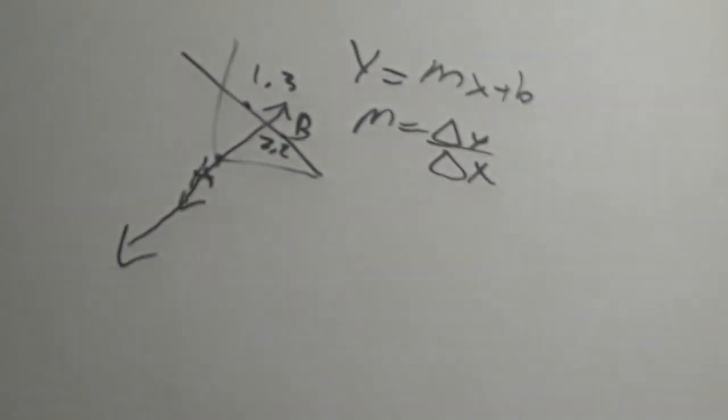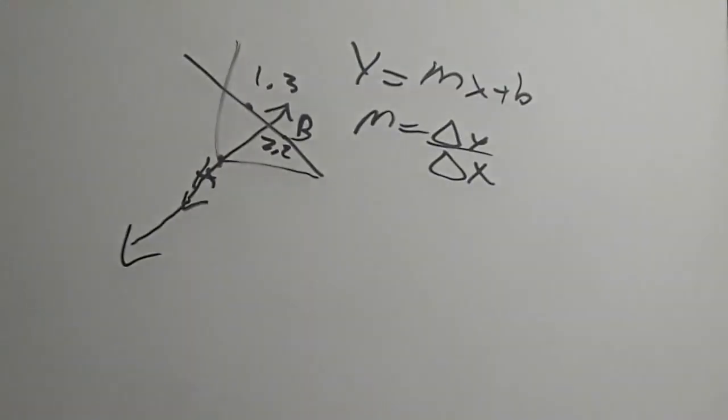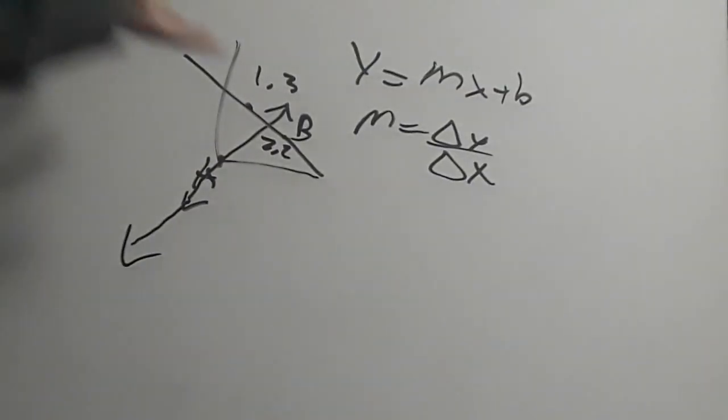So let's go over m equals delta y over delta x. Now we have a comparison right here. We have two coordinates that can create a slope that will go infinitely. You have to remember that. It's always infinite if you have an equation, unless you set some bounds.